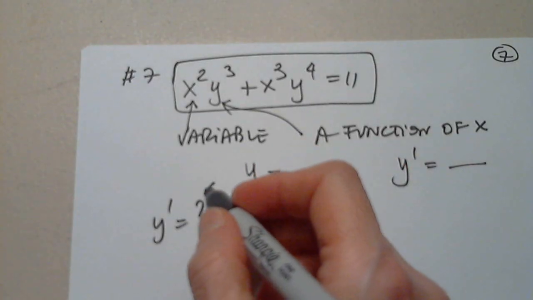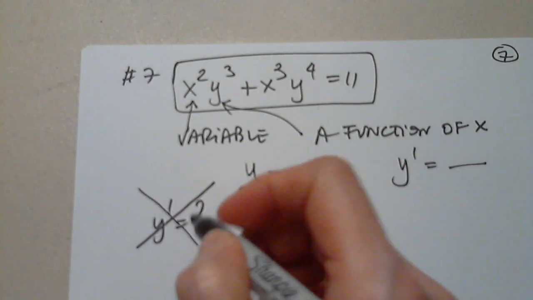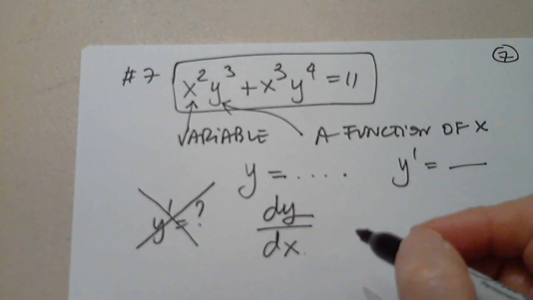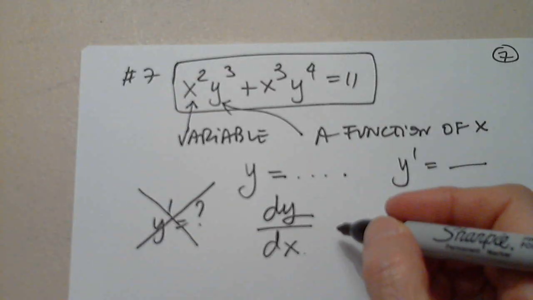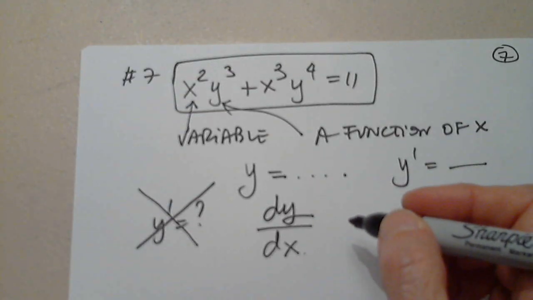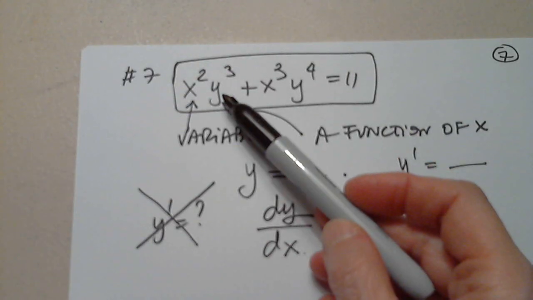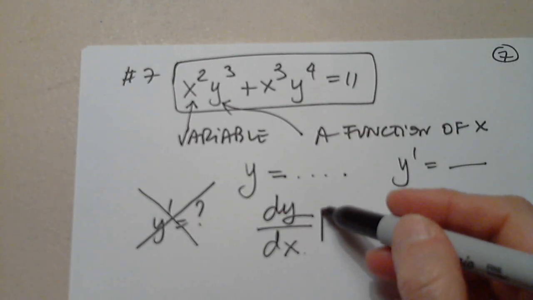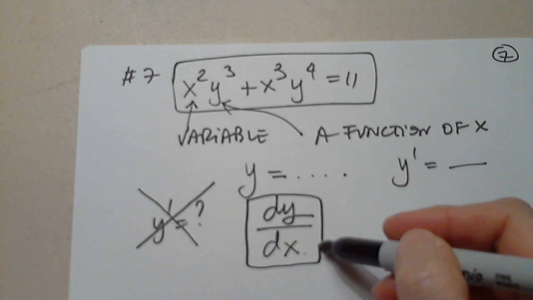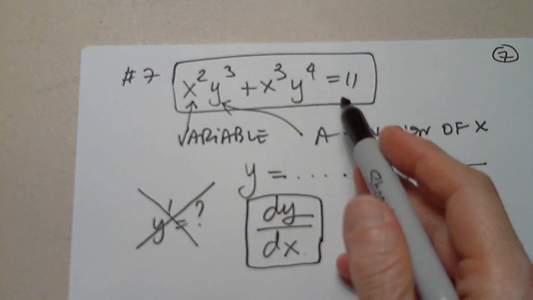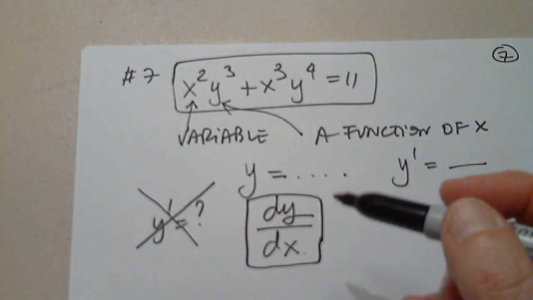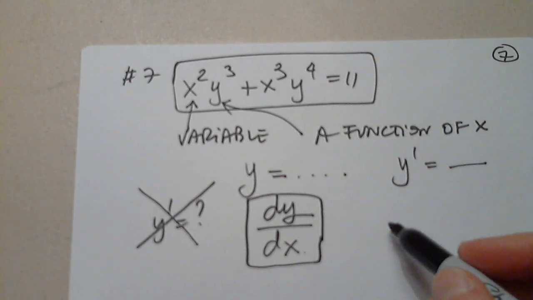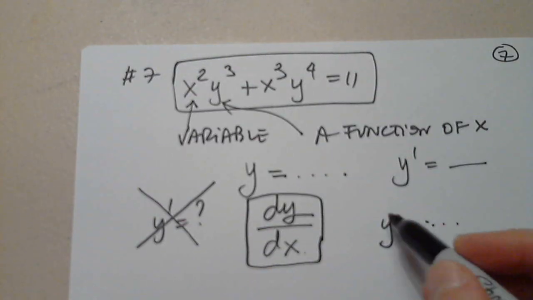We're not going to use this notation. A long time ago, I told you that we also have something called dy over dx, which is the Leibniz notation. He invented it. So can I use y prime? Yes, of course, that's fine. But it is much better to use this notation when we are trying to find an expression for y prime in a situation in which no one can find y.